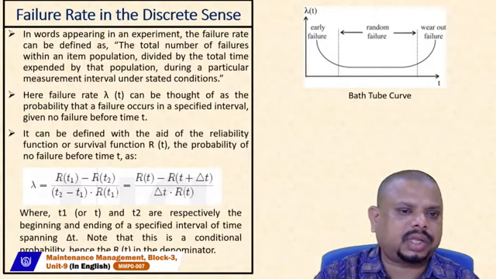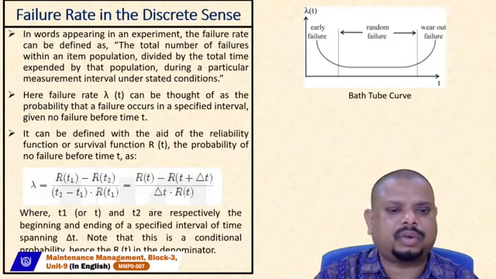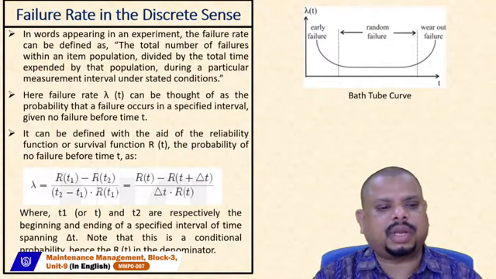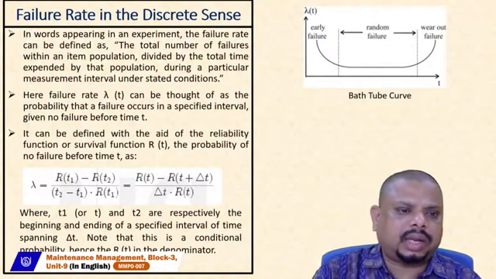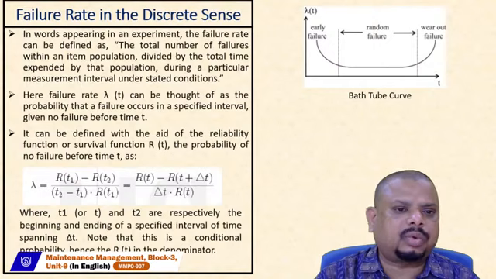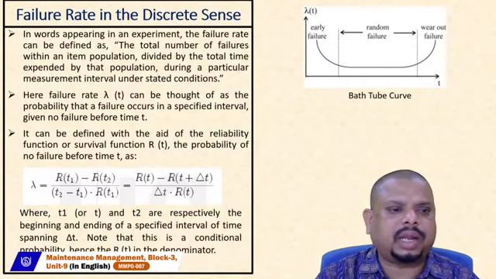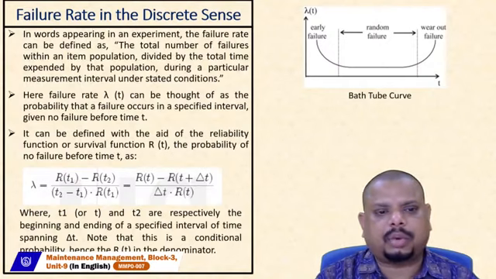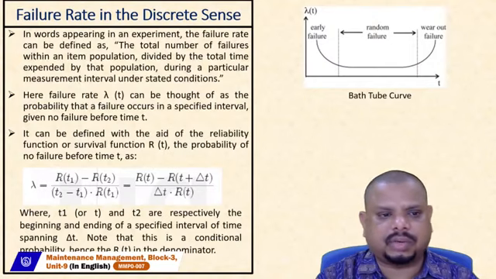So as I told, in most cases it is the total number of failures, or you can simply say the mean time between failure, of a particular population divided by the total time expended by that population during a particular measurement interval.